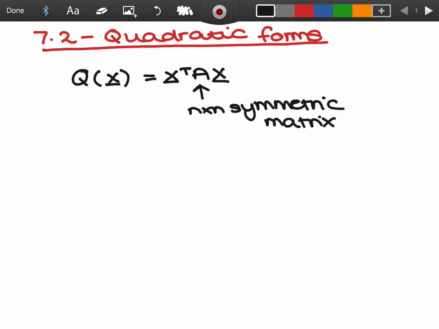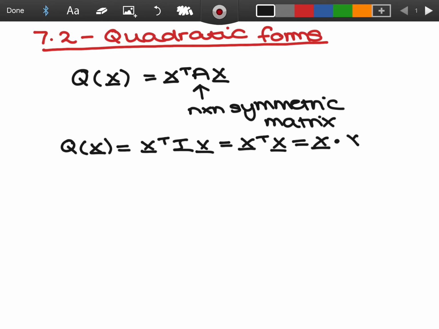The simplest type of quadratic form is when A is the identity matrix. When A is the identity matrix, you end up with Q of x equal to x transpose I x. Now the identity times any vector is just the vector itself, so I'm going to end up with x transpose x. That is the same thing as taking x dotted with itself, okay?